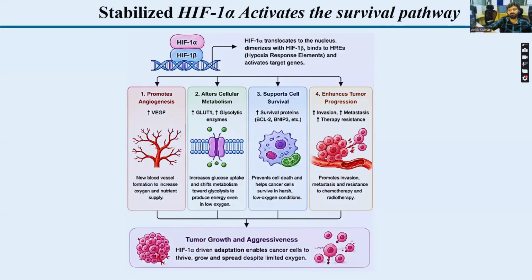So that's why it promotes invasion, metastasis, and resistance to chemotherapy and radiotherapy. So ultimately, you can see that it supports tumor growth and aggressiveness even in the absence of oxygen. And that is how HIF-1 alpha driven adaptation enables cancer cells to thrive, survive, grow, and spread despite limited oxygen conditions.